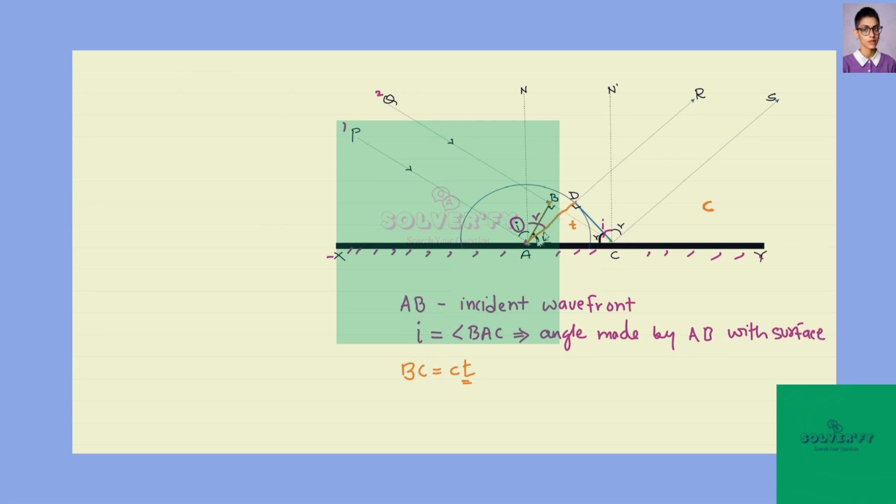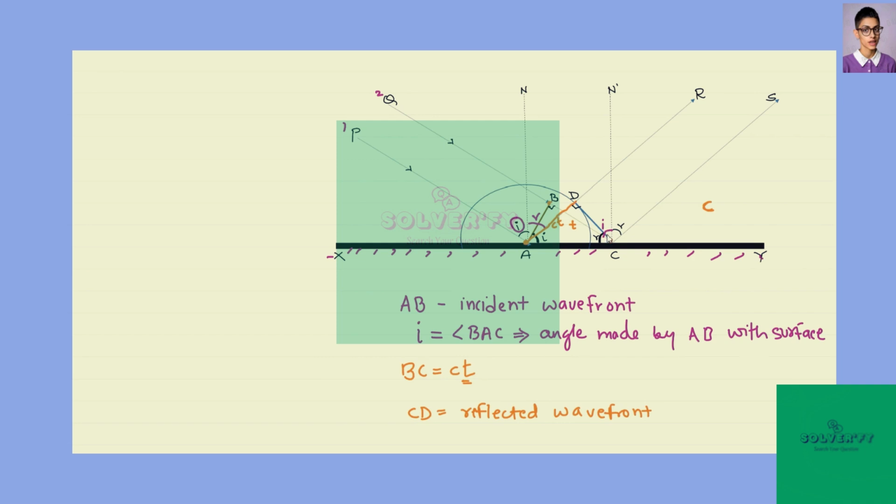Now if I take this CT distance as a radius and draw a spherical wavefront around point A, as you may see in this diagram, and draw a tangent from point C to this spherical wavefront, CD, then this CD is the reflected wavefront.